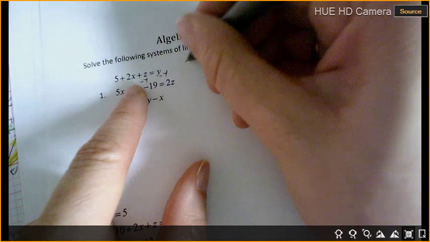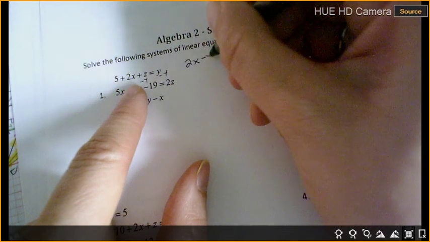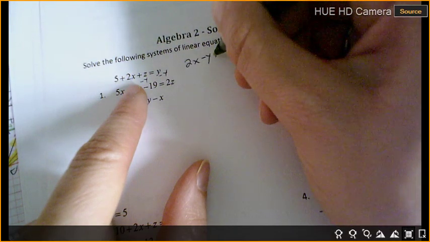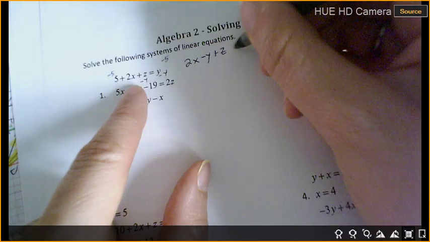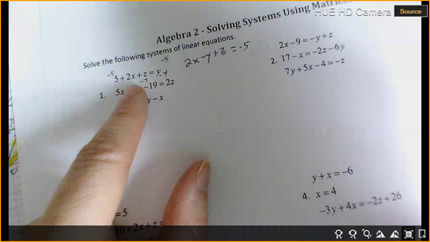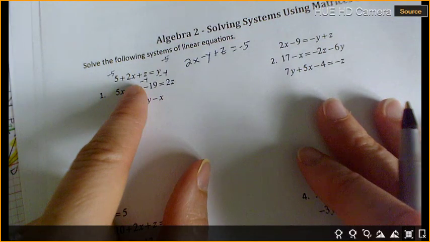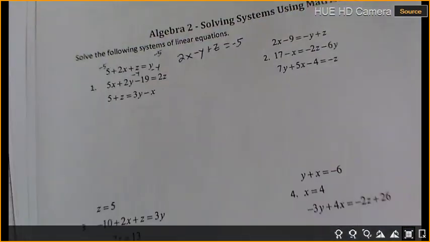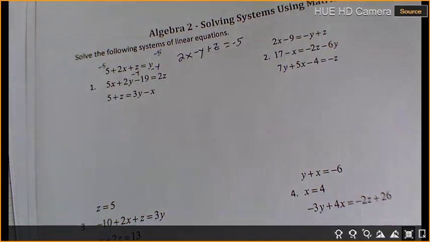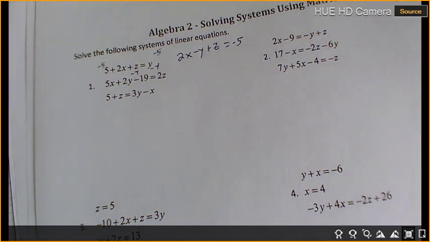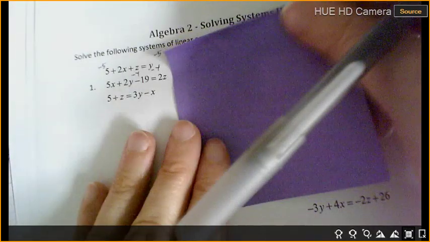So we're going to go 2x minus y plus z, and then we're going to subtract the 5 from both sides. Equals negative 5. Everybody okay how I did that one? No. Okay. There's not enough space, so let me show you again.